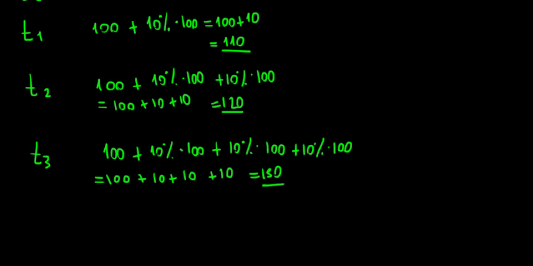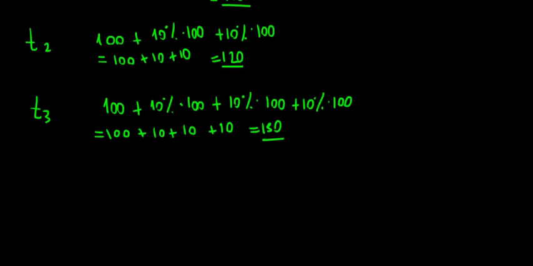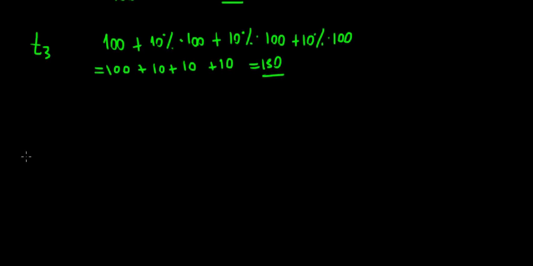So if we keep going, what would be our formula? How much money would we have at a certain point in time? Let's say Tn, and n can be any number. Let p be our payment.